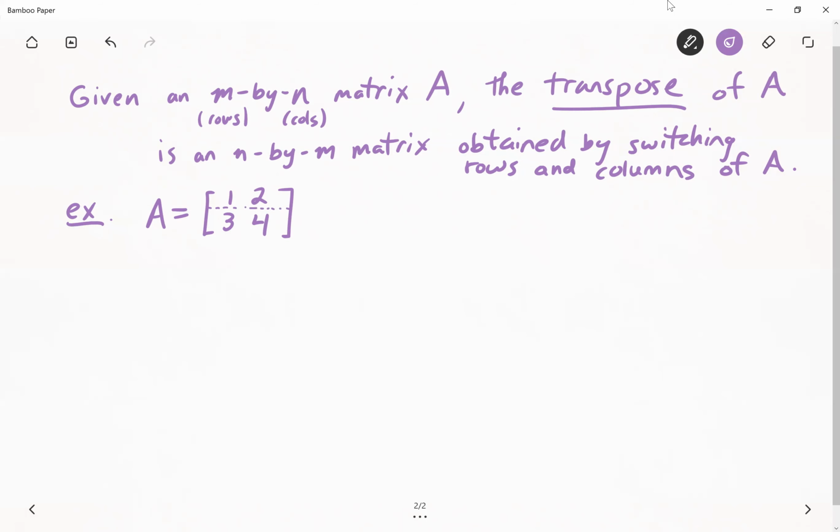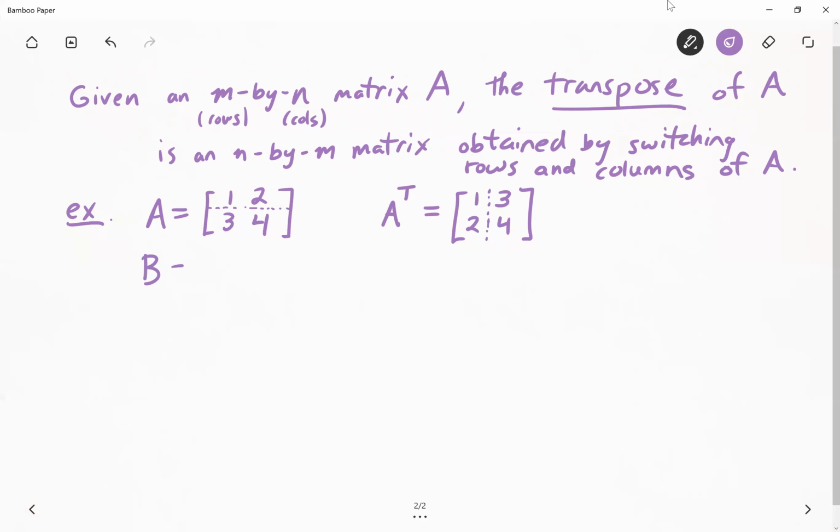So the transpose of A, which is often written with a superscript T, would be the matrix 1, 3, 2, 4. As you'll notice, the first row of the matrix A, 1, 2, corresponds to the first column of the matrix A transpose.